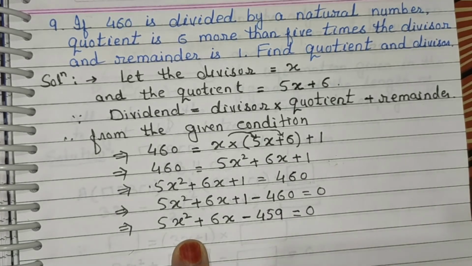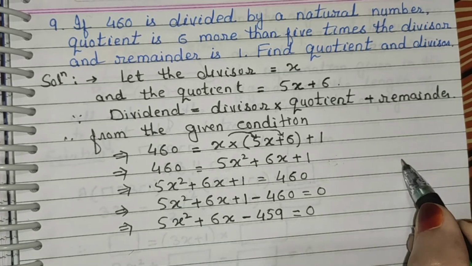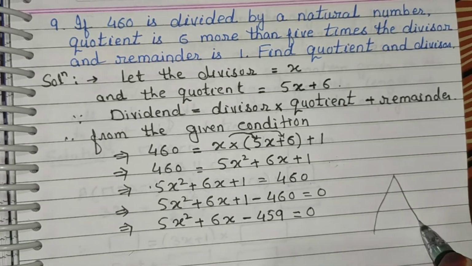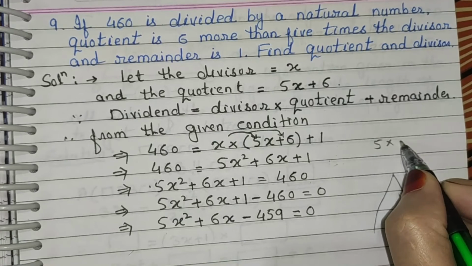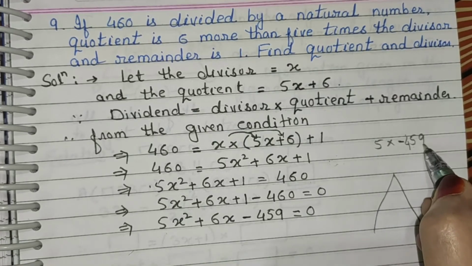Now it is in the form of a quadratic equation. Here the value of a is 5 and the constant c is minus 459. Let us do rough work here. Now the product is 5 into minus 459.